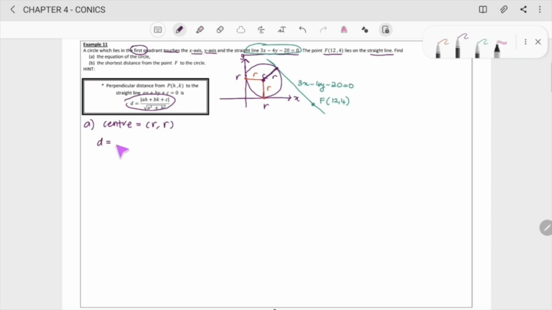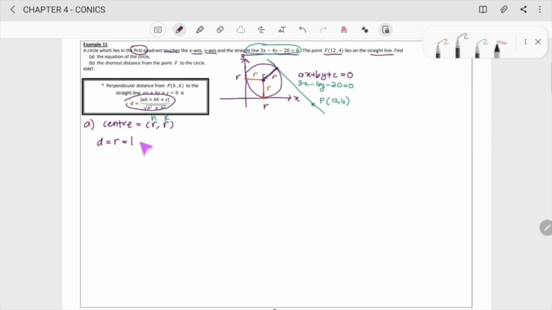So D is equal to R, and here we have ax plus by plus c equal to 0, and this point will be the h and the k.